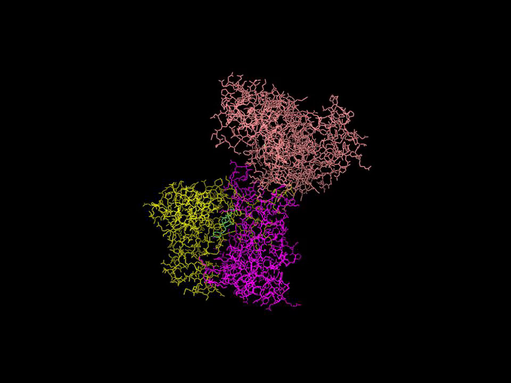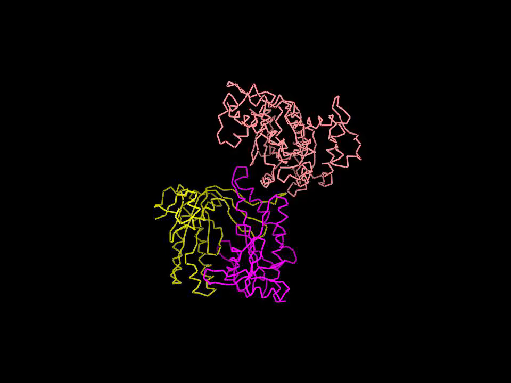It's quite a complicated structure, but we can also show the backbone of the peptides. Only the alpha carbons are shown here. So alpha carbons are connected with straight lines or sticks. And each subunit is given a different color. So there are three different subunits here, three different peptides coming together and forming the protein.